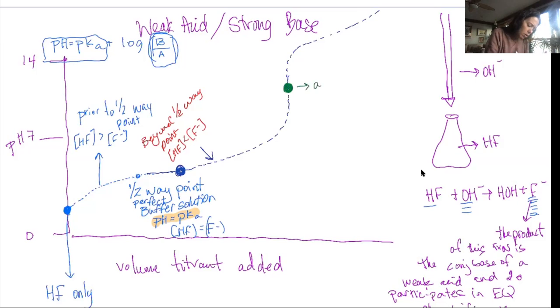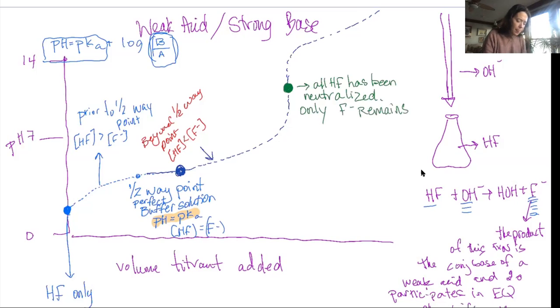So all HF has been neutralized. Only F remains. Okay. Well, look at our pH. It will be greater than 7.